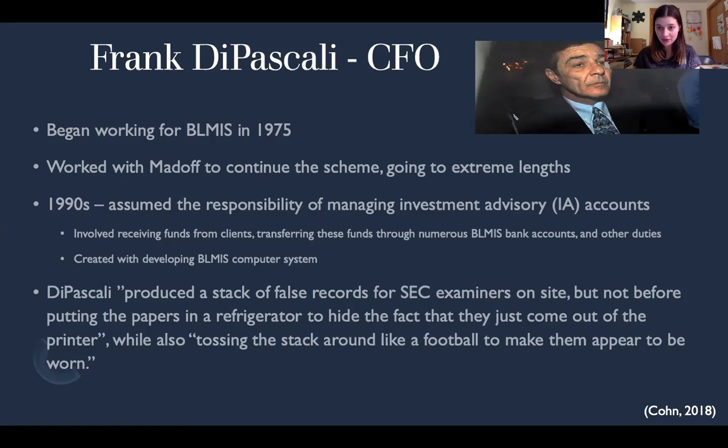He printed them out, then had to put them in a refrigerator to hide the fact that they had just come out of the printer, while also tossing the stack around like a football to make them appear more worn. This is because he had to fix the numbers, make them seem worthy for the SEC to say, okay, you're good. And this is just one of the occurrences that DiPasquale and Madoff did for investigators.